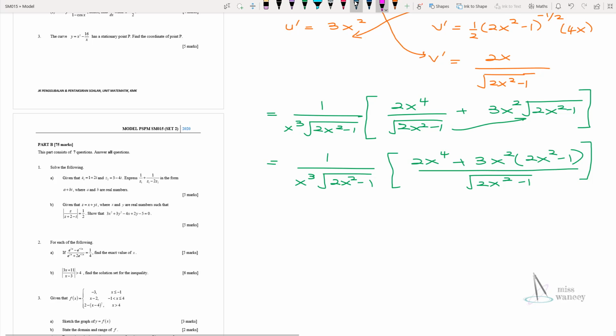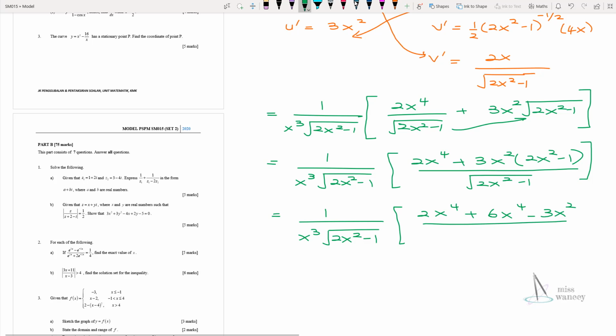Okay, so what happened now, I'm going to get 1 over x cubed the square root of 2x squared minus 1, and then I will have 2x to the power of 4, and 3x squared times 2x squared, so plus 6x to the power of 4 minus 3x squared over the square root of 2x squared minus 1.